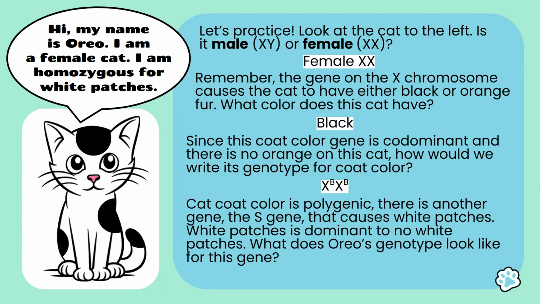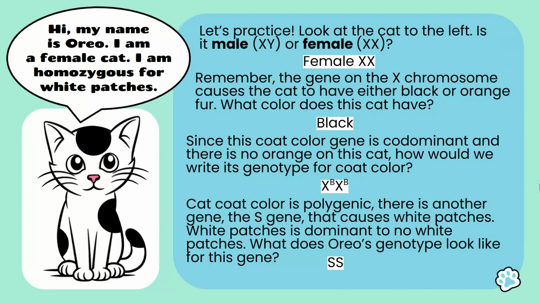Cat coat color is polygenic. There is another gene, the S, that causes white patches. White patches is dominant to no white patches. What does Oreo's genotype look like for this gene? When we look at her, we can see that she does have white patches on her. I see the color white. And she tells us in her little talk bubble, "I am homozygous for white patches."